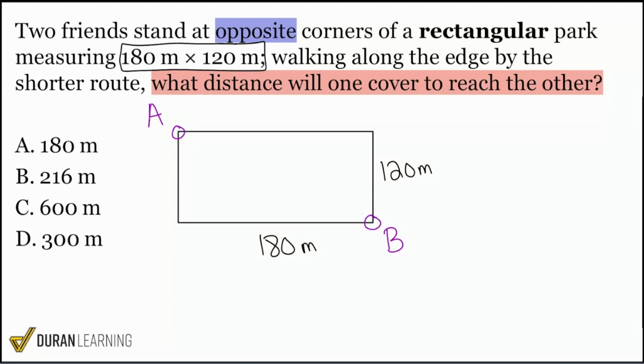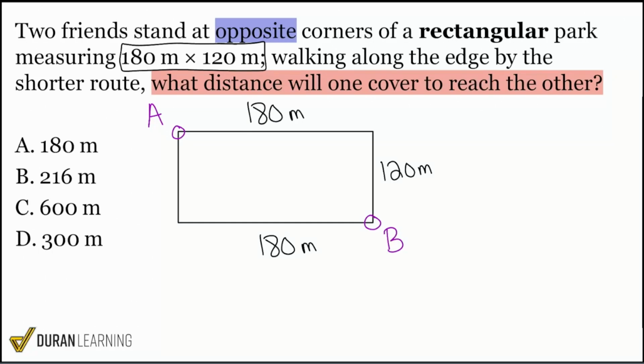Now, everybody, let's understand what we're being asked to find. It says, walking along the edge by the shorter route. That's how friend A gets to friend B. So friend A could go down and over or over and down. To be honest, it really doesn't matter because the distance is going to be the same. Because if it's 180 meters down here, it's going to be 180 up there.